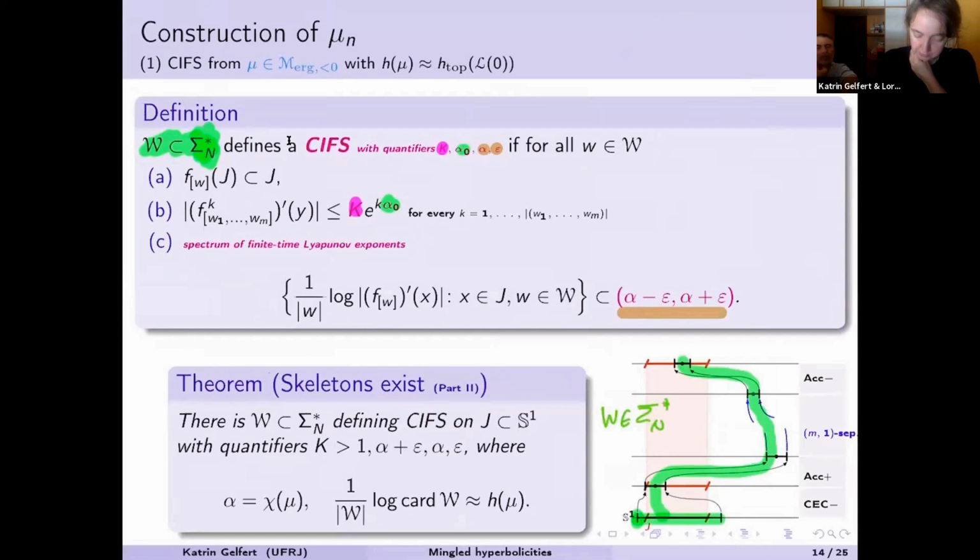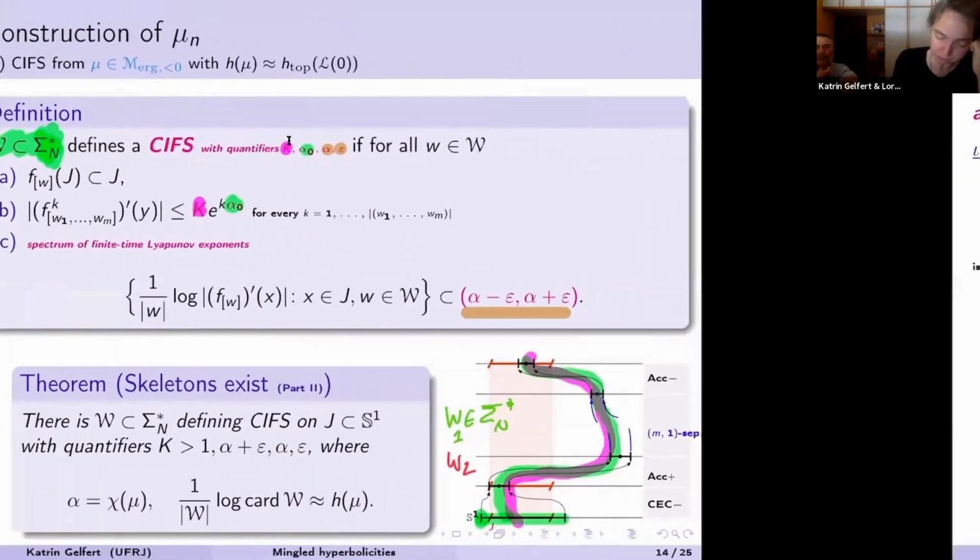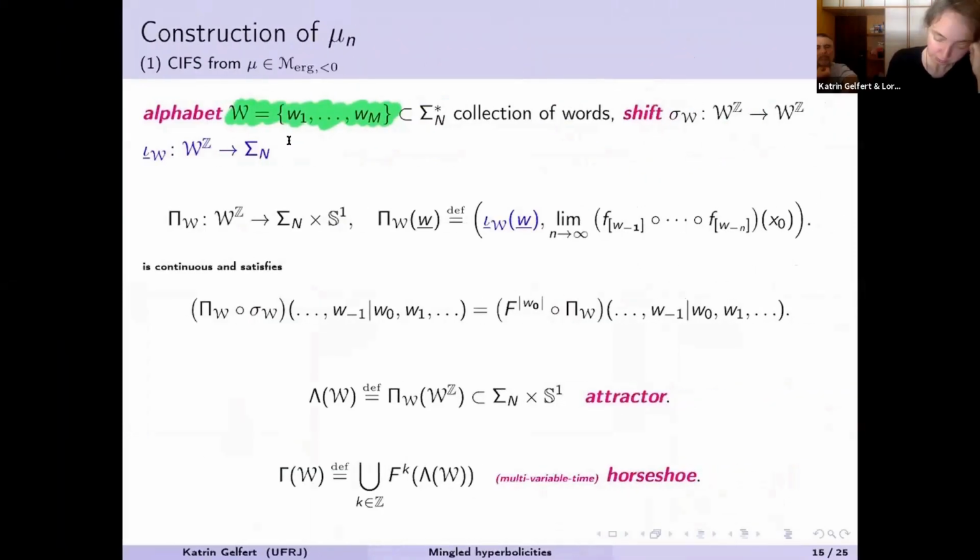And now I can take this W, concatenate, say, W1, and then I can take the next word from this iterated function system and concatenate the next word again with the first word, and so I can produce many words which are given from this alphabet.